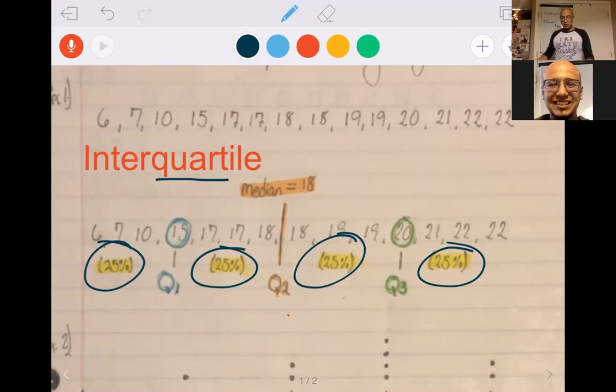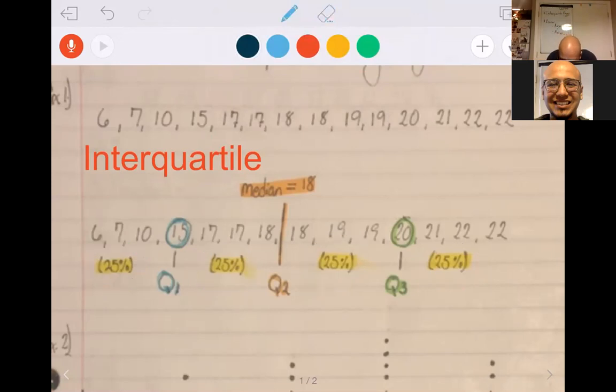And so as we talk about interquartile range, and I know this is a lot, but we'll do more examples in a little bit, we're looking at this area right here, the area between Q1 and Q3.